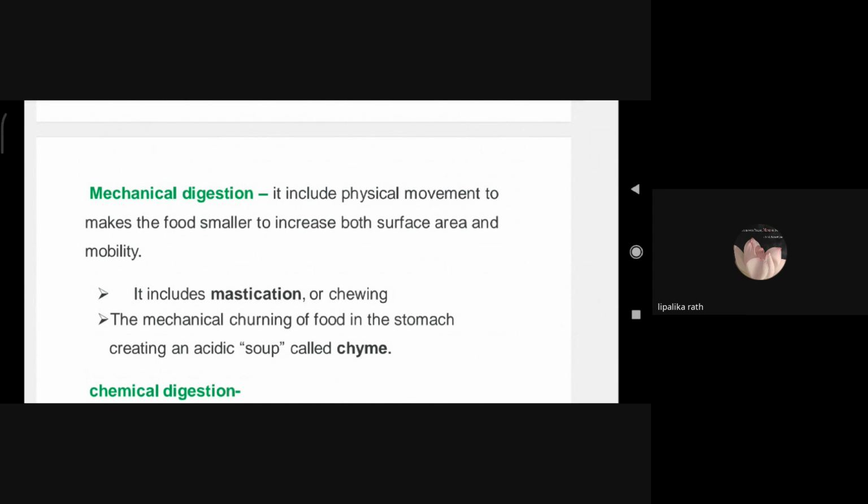Then the mechanical churning of food in the stomach creates an acidic soup called chyme, which is also a mechanical process. The physical movements are taking place. Also peristalsis is a type of mechanical process. Physical movement is taking place.